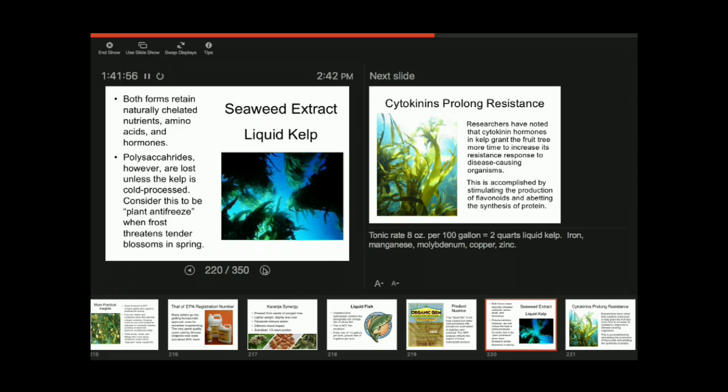10% of all open blossoms will be lost to cold injury. Gets 3 degrees colder, at 25 degrees, 90% of the open blossoms will be lost to cold injury. And if on the day of a predicted freeze like that, you go out midday and spray liquid kelp, maybe you spray other things, but definitely the liquid kelp, it acts like a plant antifreeze.